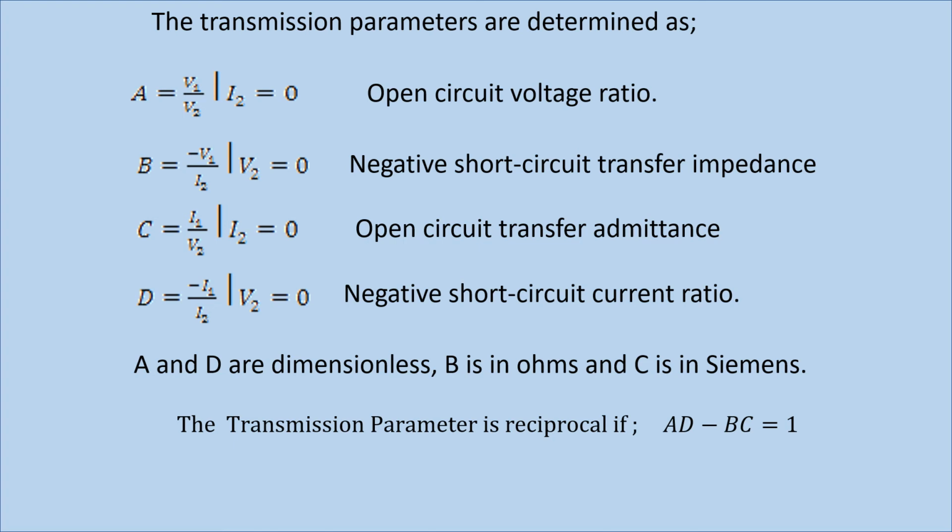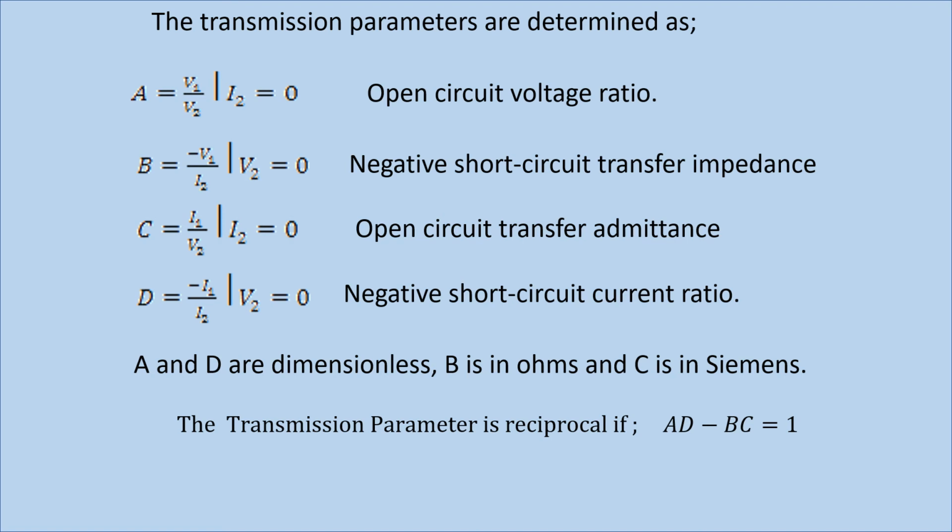And B is our negative short circuit transfer impedance. B will be minus V1 over I2, provided V2 equals 0. And C, which is the open circuit transfer admittance, is input current over output voltage, provided that our output current equals 0. And D equals minus I1 over I2, provided V2 equals 0, and that is called the negative short circuit current ratio.